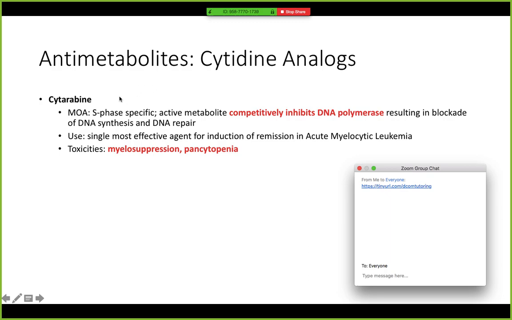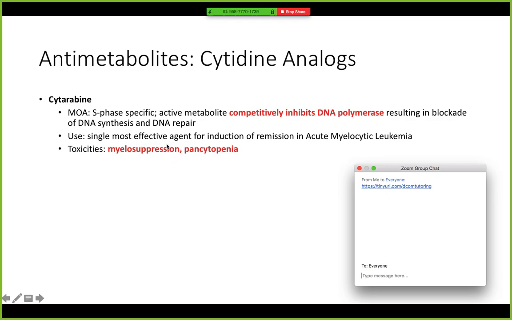All right, not this one, not too high yield in my opinion for this exam. So cytarabine is S-phase specific, and it competitively inhibits DNA polymerase, resulting in a blockade of DNA synthesis and repair. It's used to treat AML.